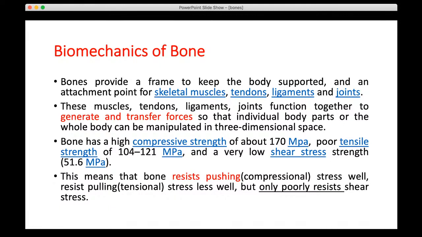Up till now you know that bone provides a frame to keep your body supported, and it provides attachments for your muscles, tendons, ligaments, and joints. This is the whole skeletal system you have already learned. These muscles, tendons, ligaments, and joints all function together to generate force and to transfer the force.